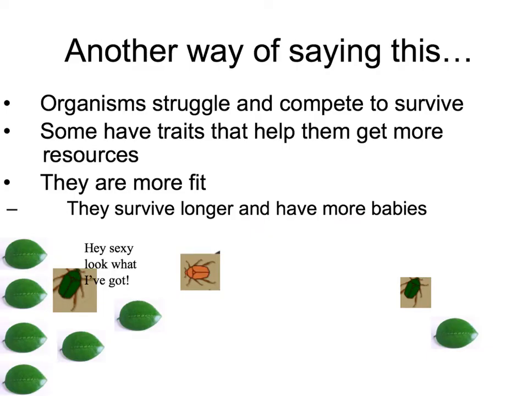Here's another example with some beetles. Organisms struggle to compete for resources that help them to survive. Their bottom line, the reason they survive, is to have babies. Okay, so these beetles come in two varieties, big beetles and little beetles. The larger beetles are able to reproduce more because they have more food, and this is attractive to the female beetles.